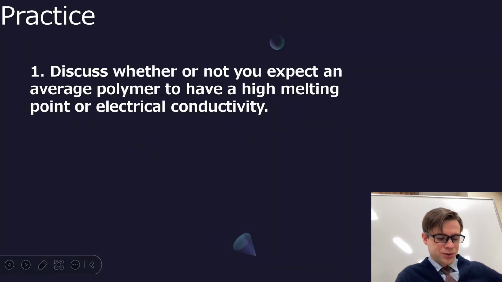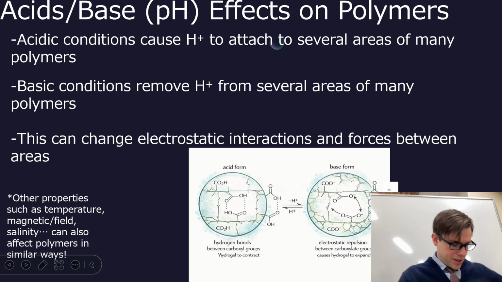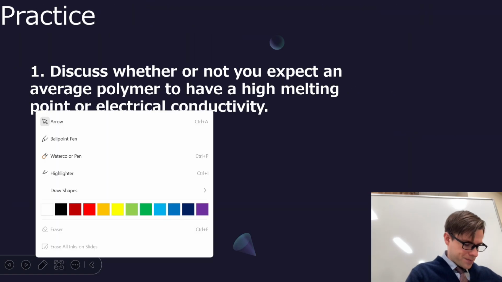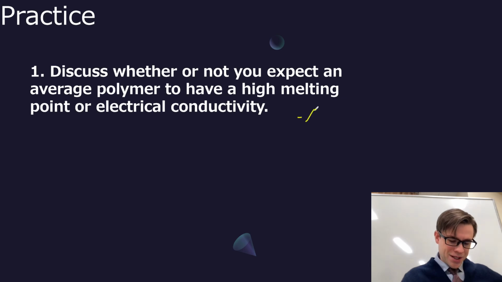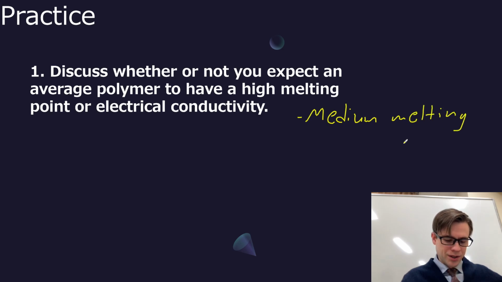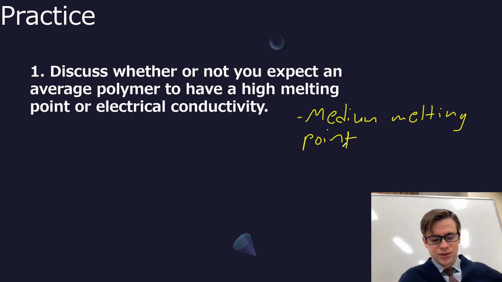Some practice: discuss whether or not you expect an average polymer to have a high melting point or electrical conductivity. So I've discussed that a little bit, but I think we can say medium melting point compared to other things. So it's higher than covalent molecules normally are by quite a lot, but it's not really as high as strong metals or alloys or salts.